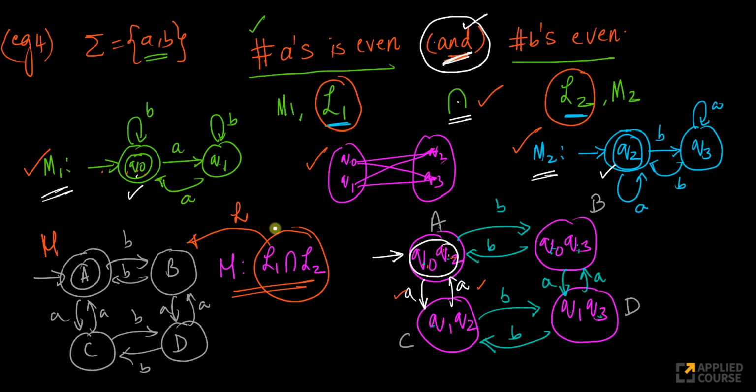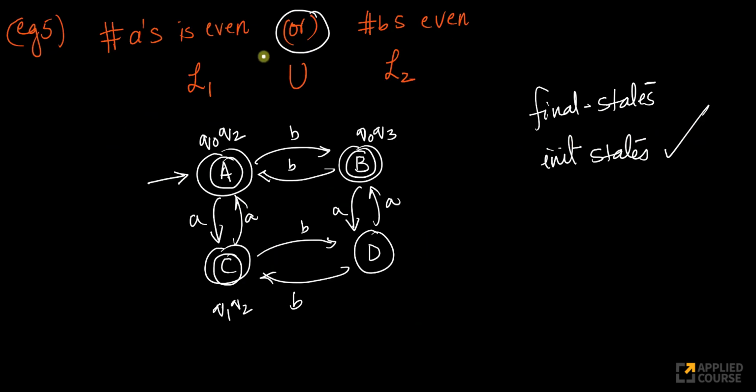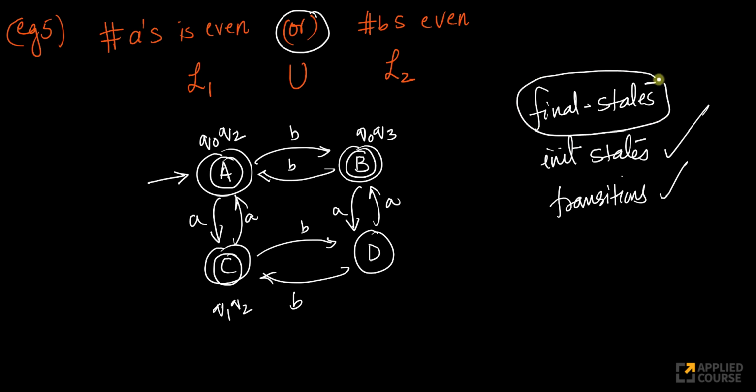In this case, a final state should contain the final state of this and the final state of this. In this case, the final state of this or the final state of this, in the case of union. All the transitions stay the same. Only final states change between union and intersection. Again, we'll see many more examples like this so that this concept is much more clear for you.